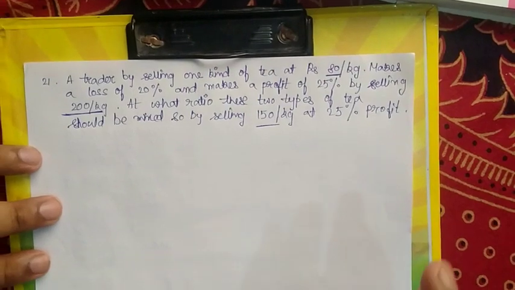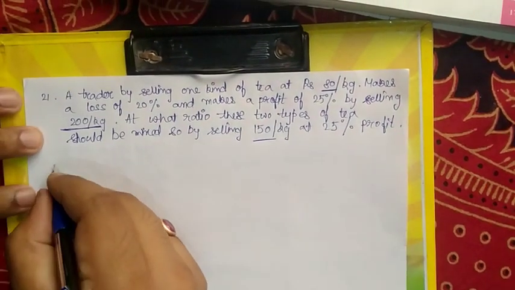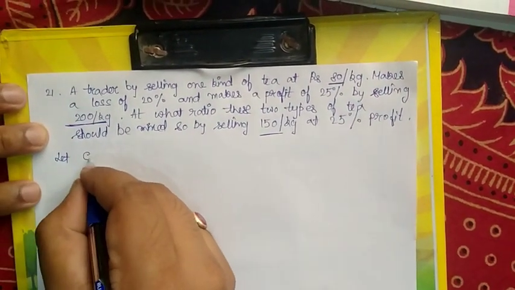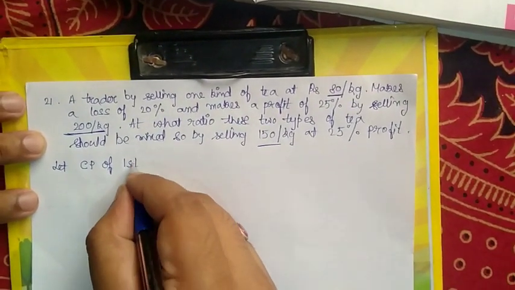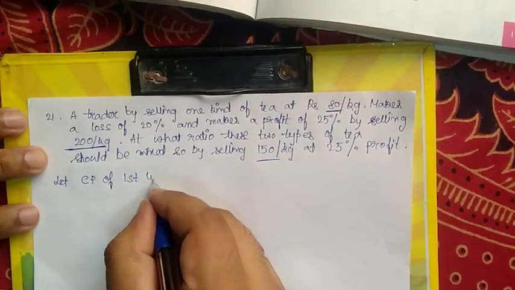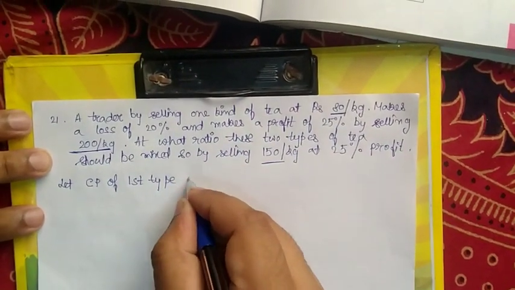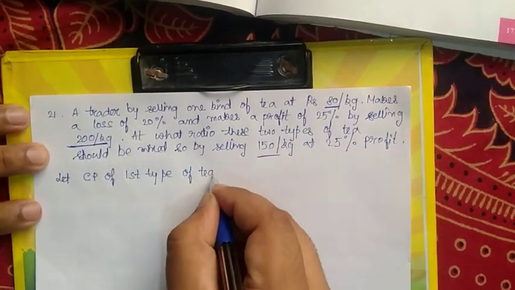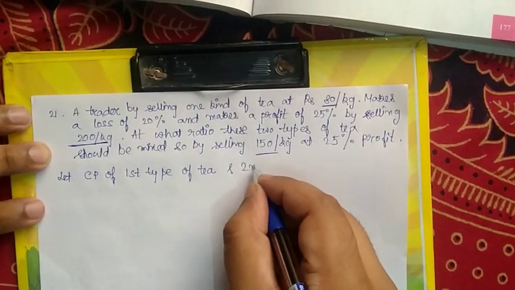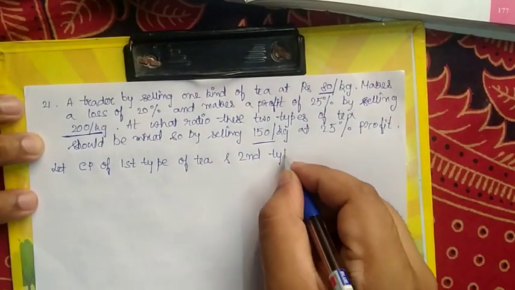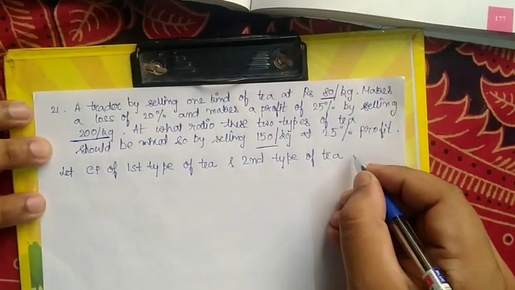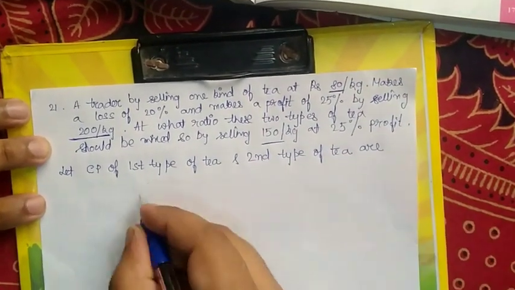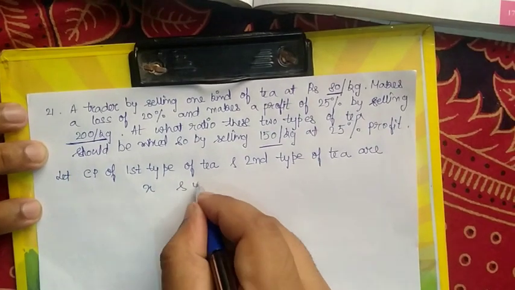First of all we have to find the CPs. So let the CP of first type of tea and second type of tea be x and y.